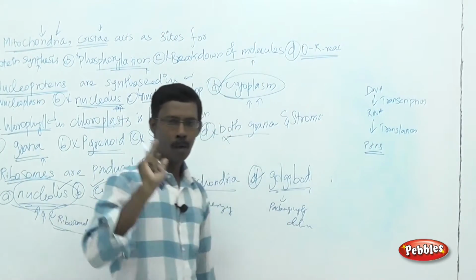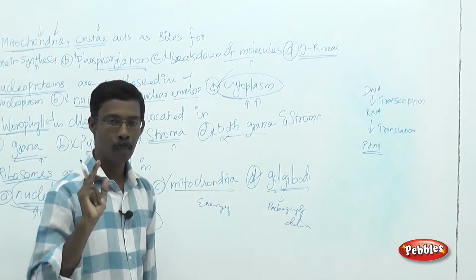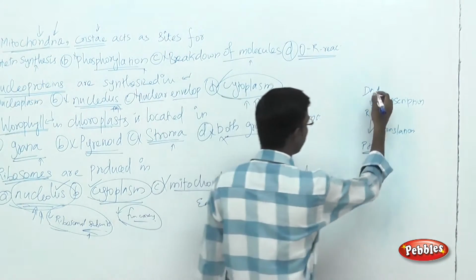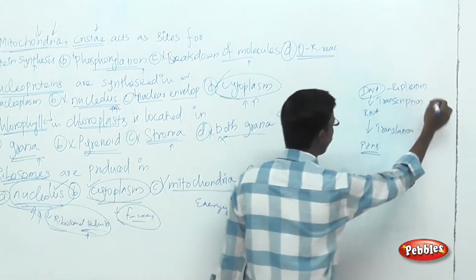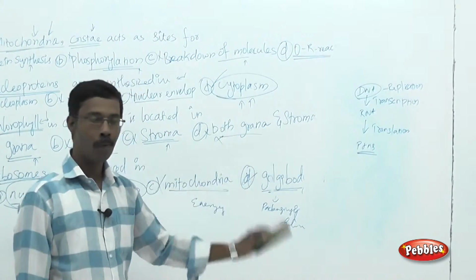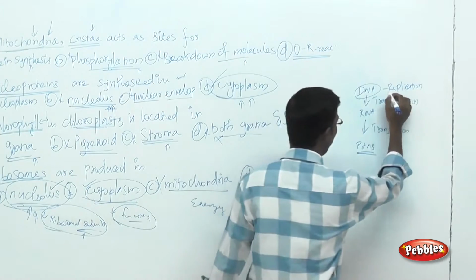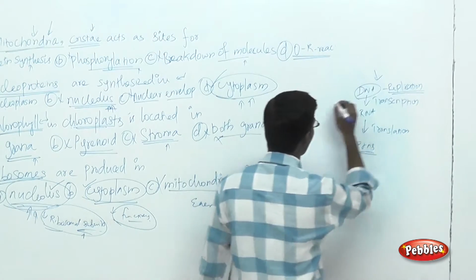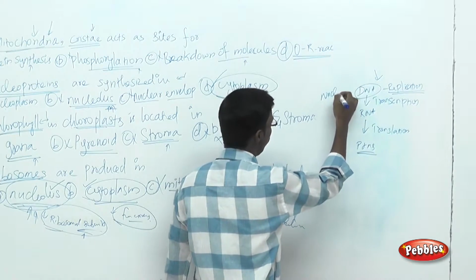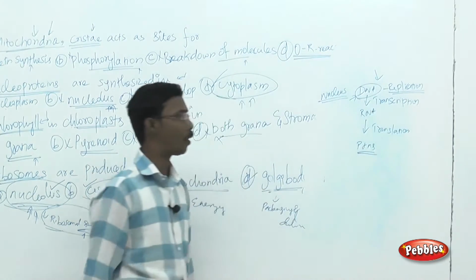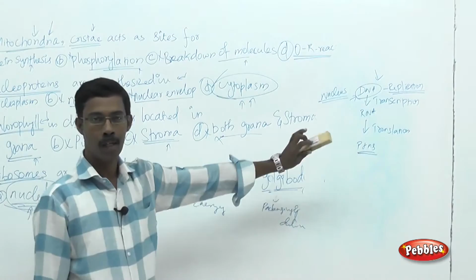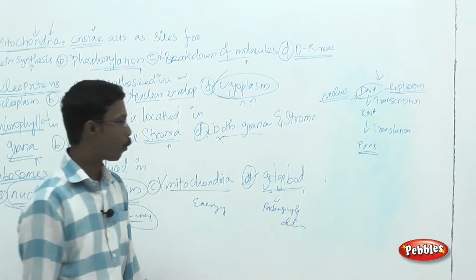You have to remember the site for these processes. DNA synthesis is replication. What may be the site for replication? Whenever you are thinking about replication, the site is the nucleus, because the DNA is present within the nucleus, so the replication must happen within the nucleus.